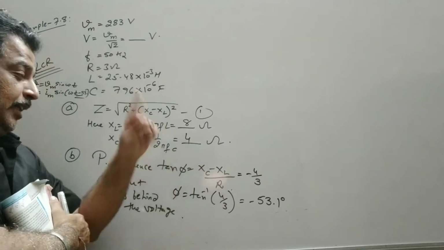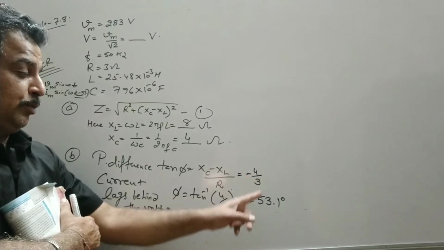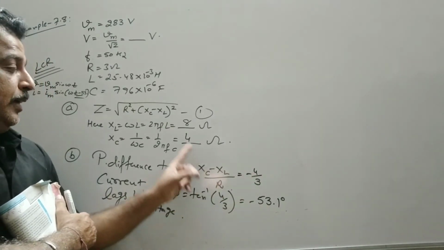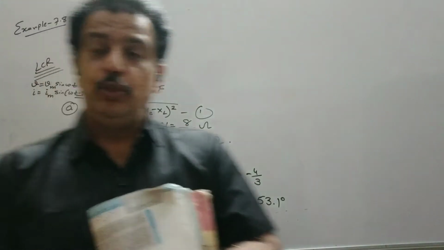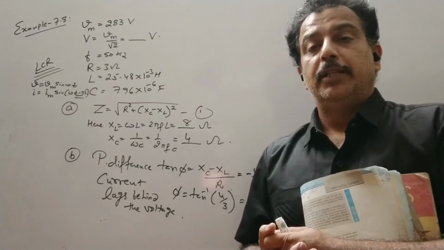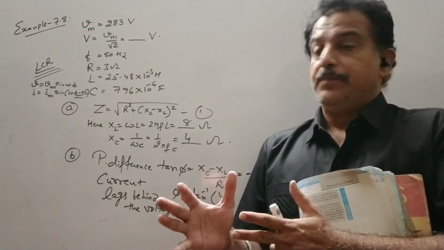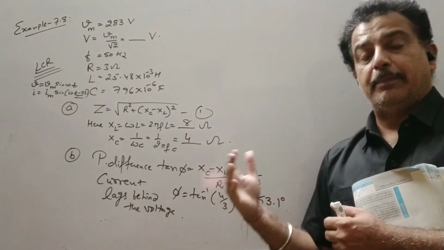Now if I take the impedance triangle, then I should write XL minus XC upon R. Then it comes out to be 53.1 with a plus sign, because this will be 8 minus 4, 4 by 3. But we know if the circuit is inductive, the current should lag behind the voltage. So from this value you can determine whether the circuit is capacitive or inductive.